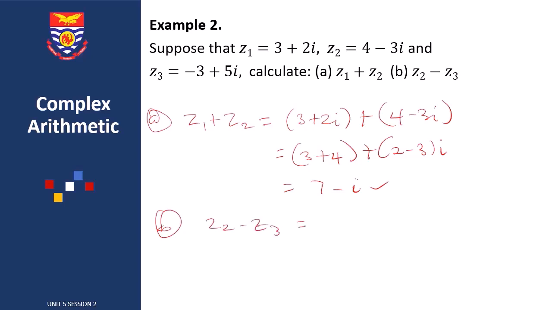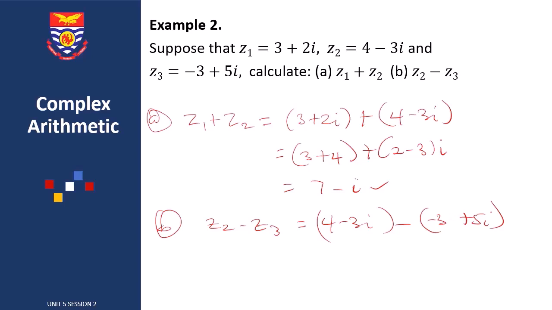Similarly, for b, you can have z2 minus z3. z2 is 4 minus 3i, and we are subtracting z3 from that, which is minus 3 plus 5i.